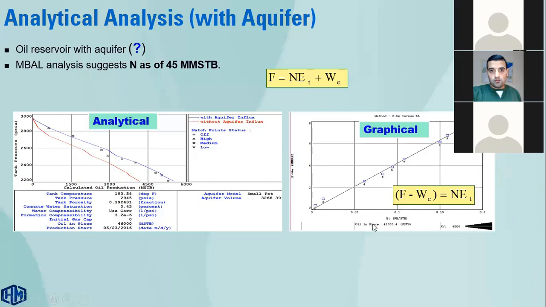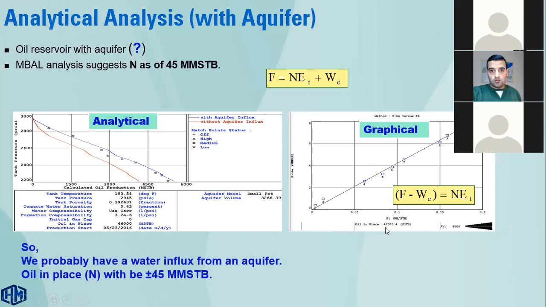It is about 42 million stock tank barrels. So we probably have an oil in place of more or less 45 million stock tank barrels, based on the analytical and graphical techniques in MBAL software.